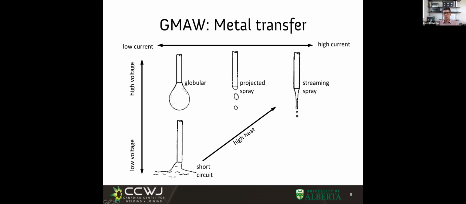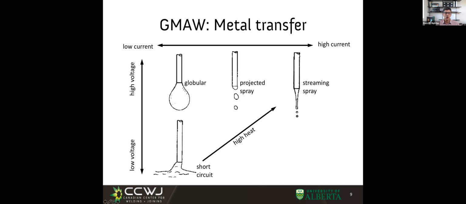That depends on current. Now, voltage, if I have low voltages, I would have short circuit. Now, before we get into some details, power is current times voltage. So if I have low current and low voltage, it is the multiplication of two small numbers, low current on the left, low voltage at the bottom.